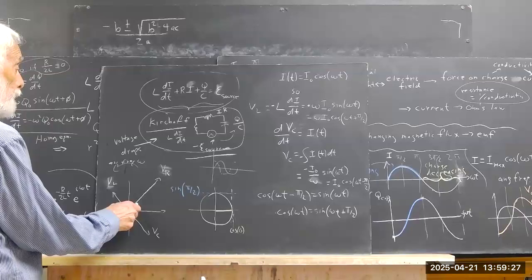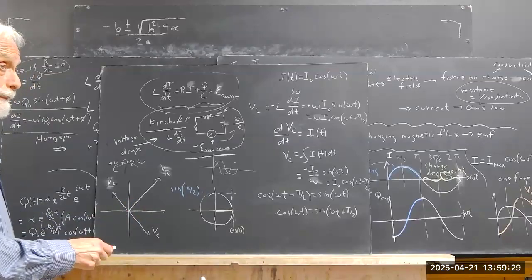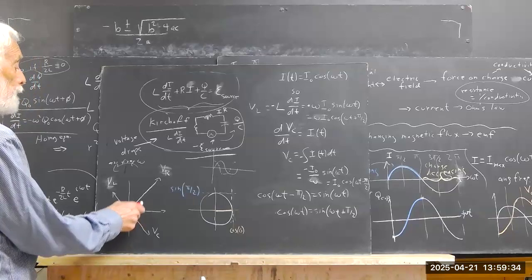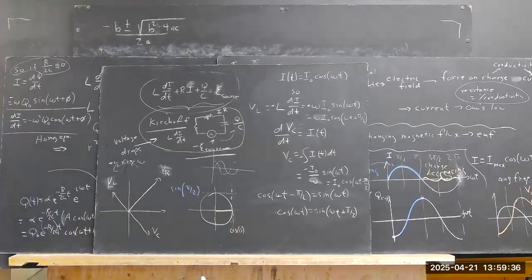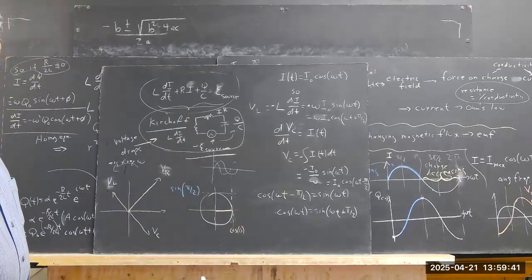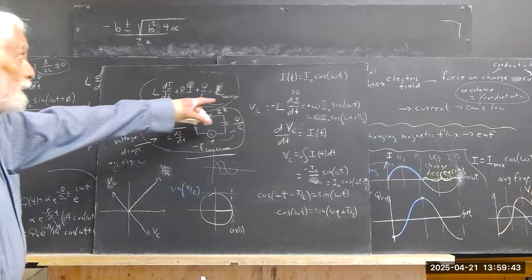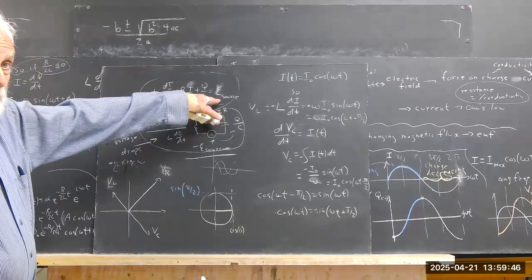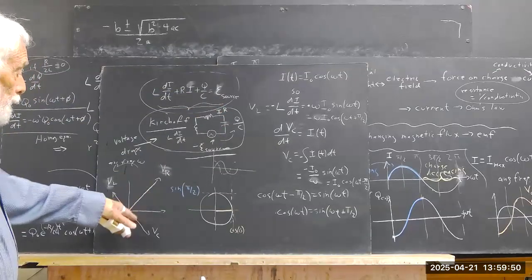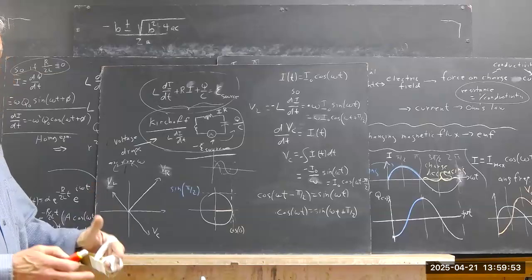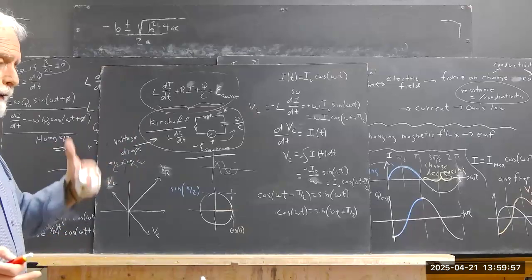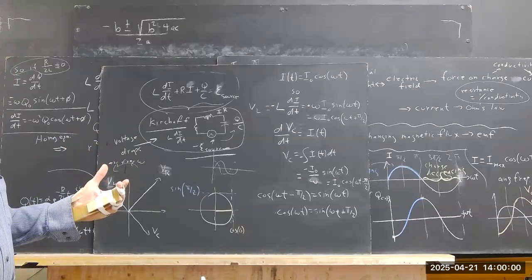This is 90 degrees in front of the voltage across the resistor, which is 90 degrees in front of the current. The circuit is being driven by whatever frequency; the frequency is the driven source. And the vector sum of these three tells you where the current really is.